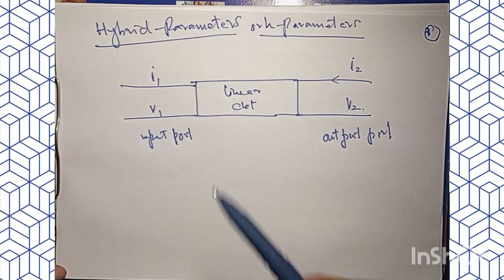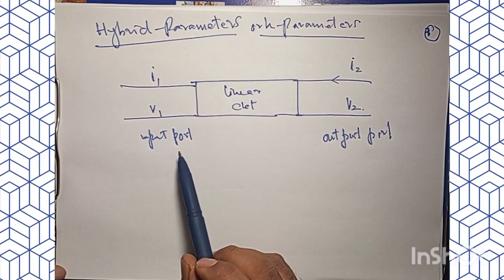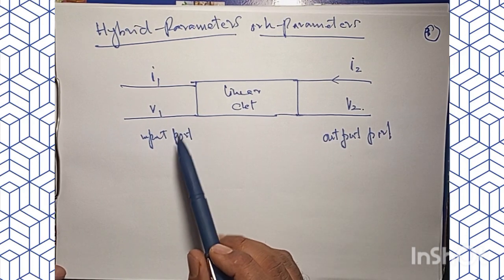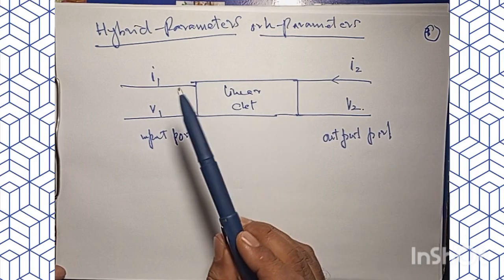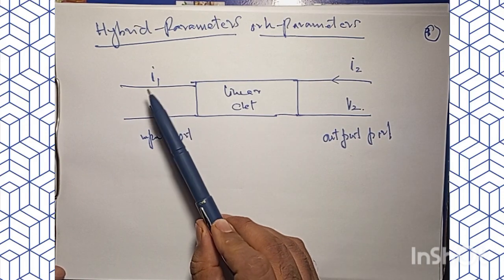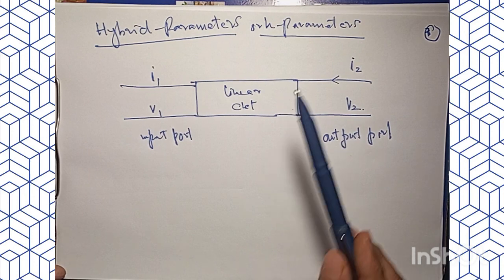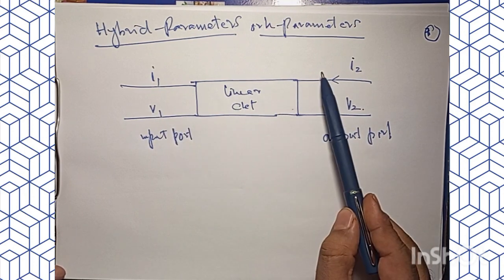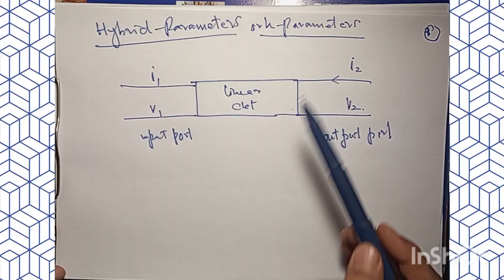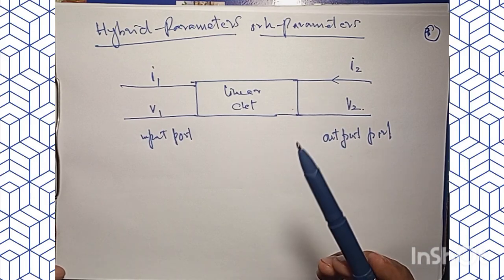Now, as I talked about hybrid parameters, what we have is I1 and V2. Let's assume that they are independent variables, and V1 and I2 are the dependent variables.